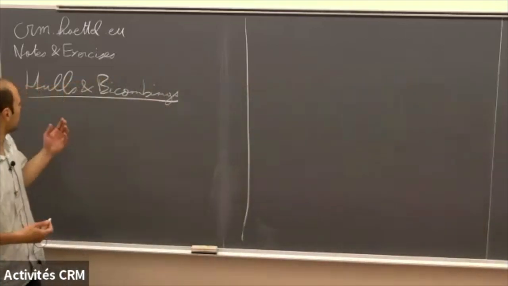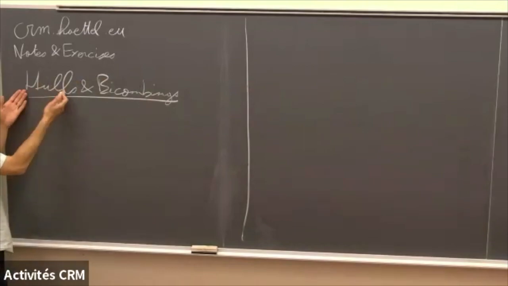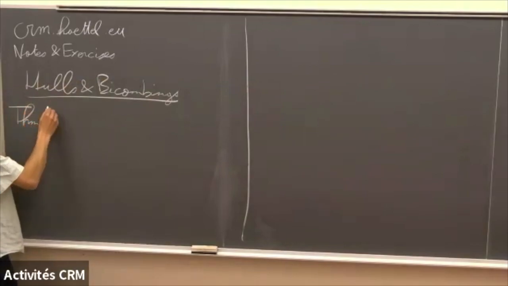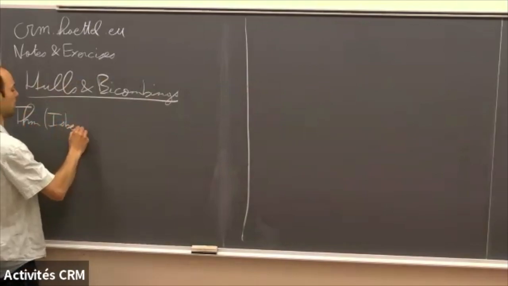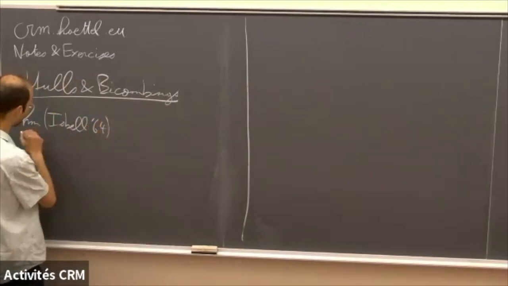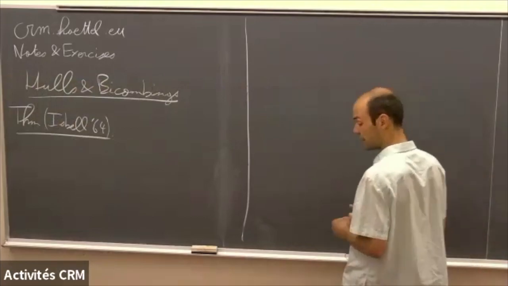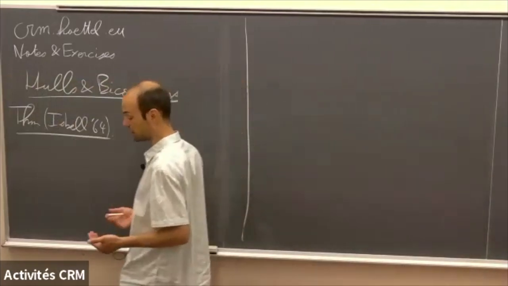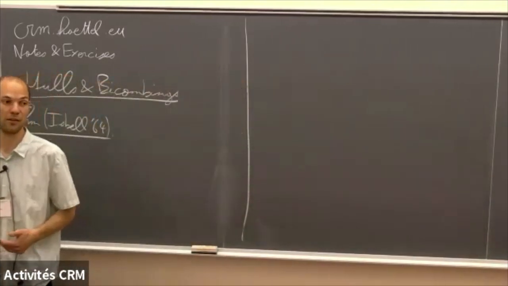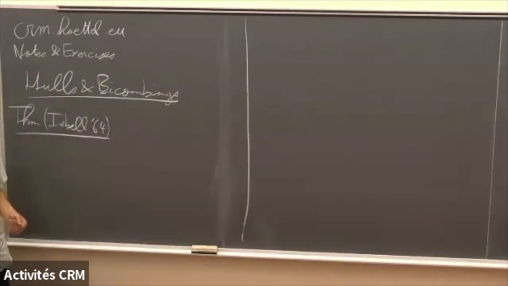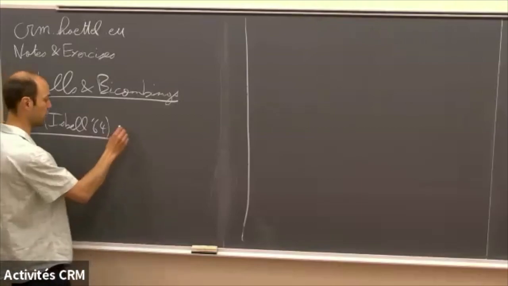I will first start by stating the existence theorem of an injective hull, which is a beautiful, old result due to Isbell in 1964. It states that any metric space can be embedded in an injective metric space in a very nice, minimal way. So it's a very useful tool.